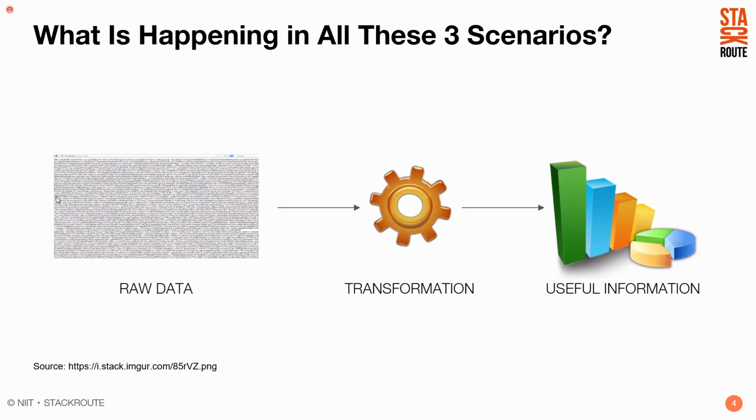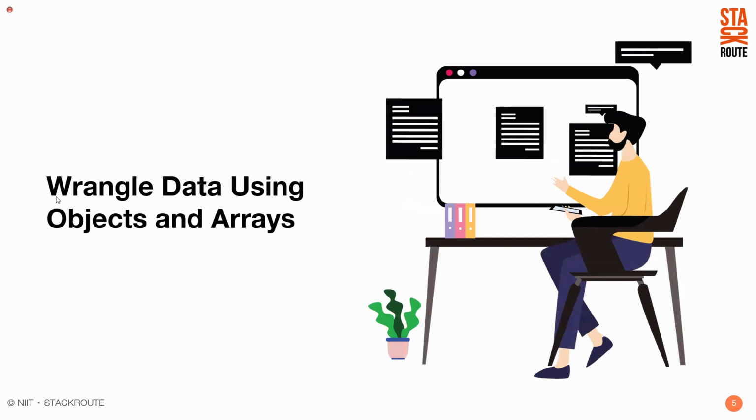I'm sure this slide is clear to you all. I may have data in any raw format, so I need to transform the data from one format to another. The other format will be useful and give information in a clear manner. This process of converting one data format to another is called wrangling.